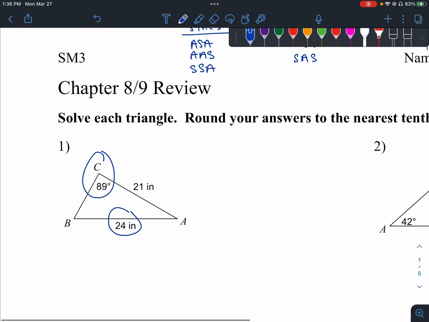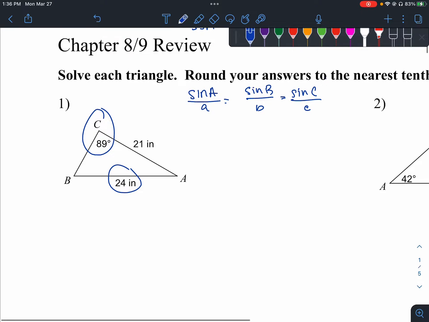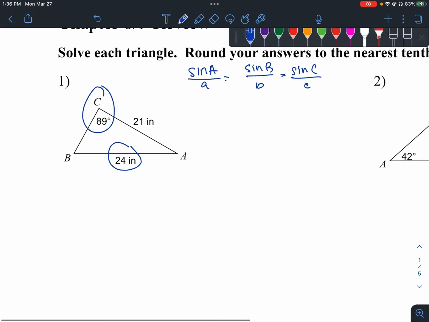Remember that the law of sines is sine of A over A is equal to sine of B divided by B is equal to sine of C divided by C, or you can say the same formula with the reciprocal: A, B, and C on top, sine A, sine B, sine C on the bottom. So in this case, we have this part completed.